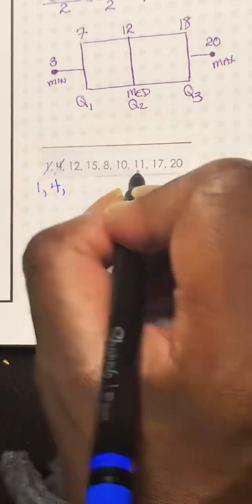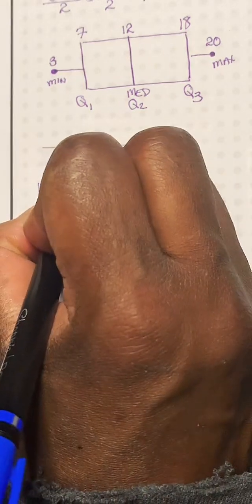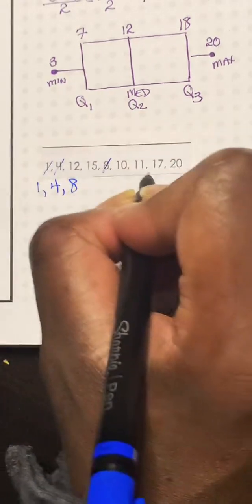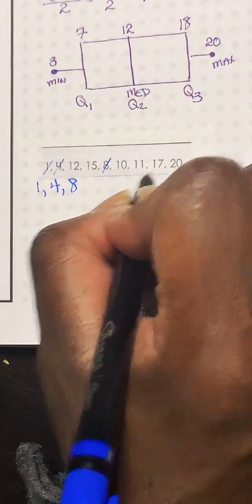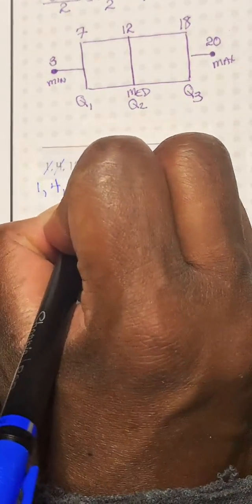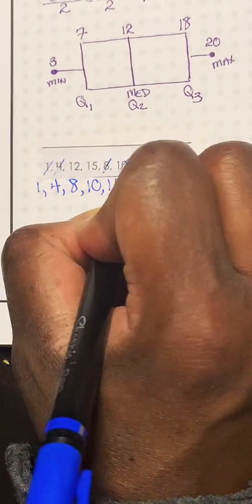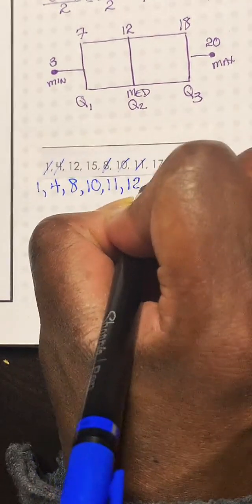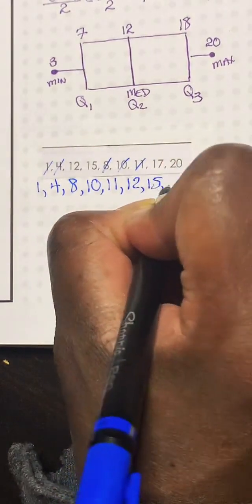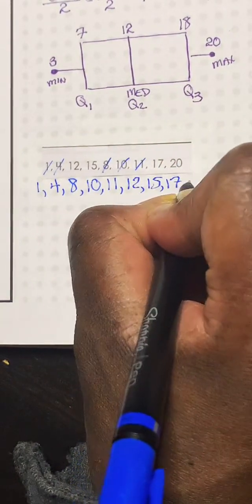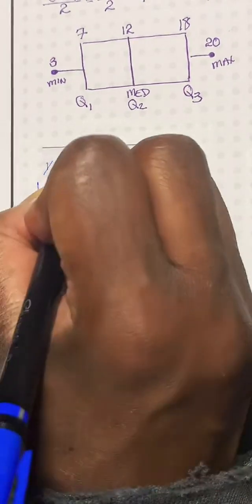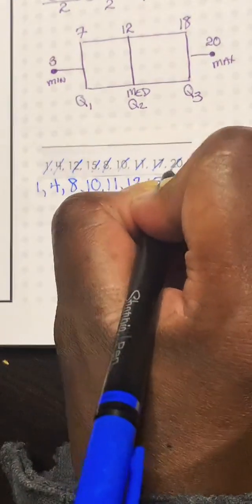And I like to cross out as I do this, even to this day and age, because it always stinks when you have to redo it. 10, 11, we got our 12, we have our 15, 16, 17, and 20.